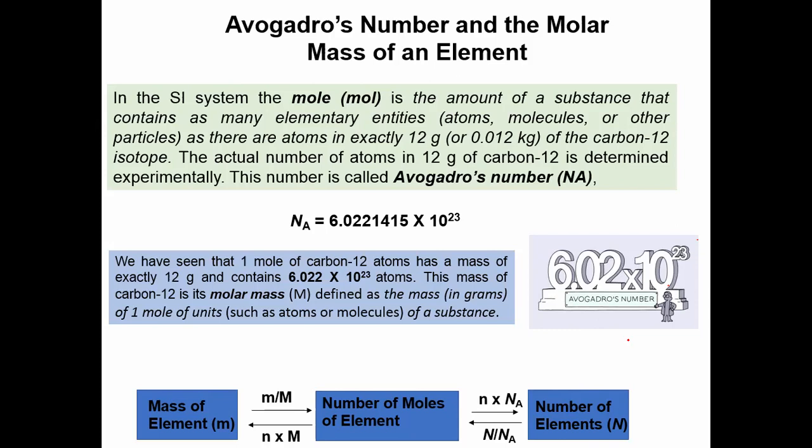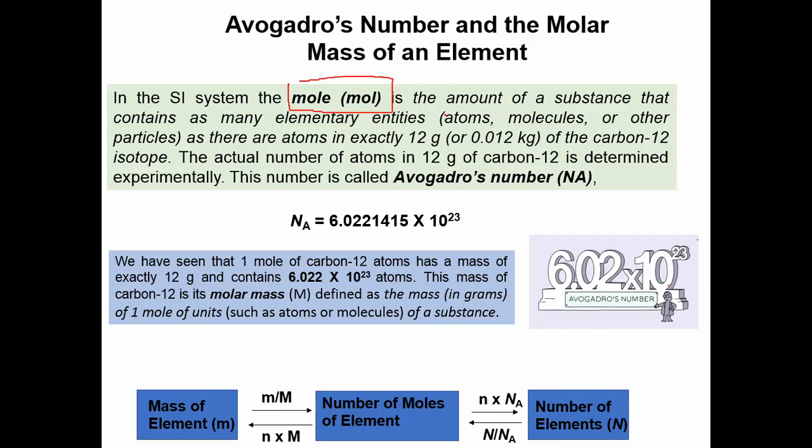Nobody wants to count just one single atom. Because of that, there is a particular tool to identify the mass of atoms of elements, and that one is designated as the mole.